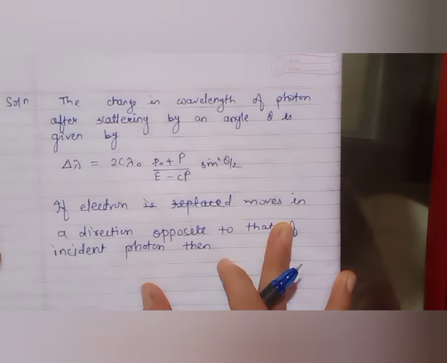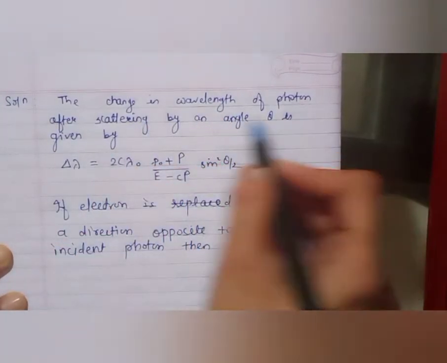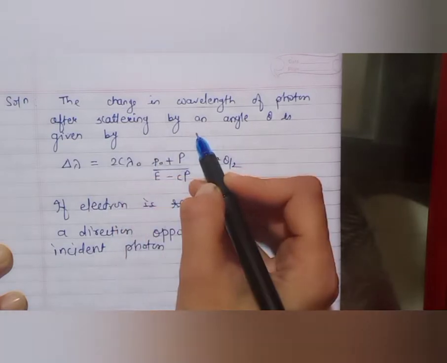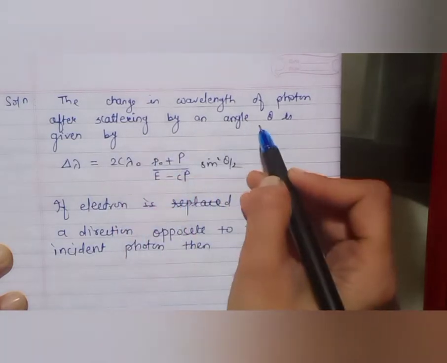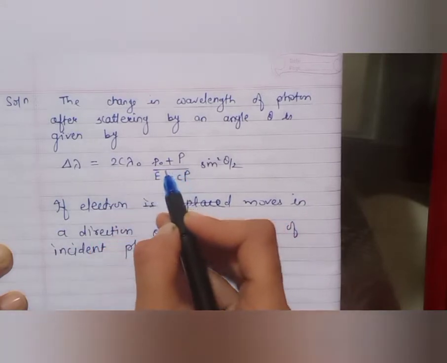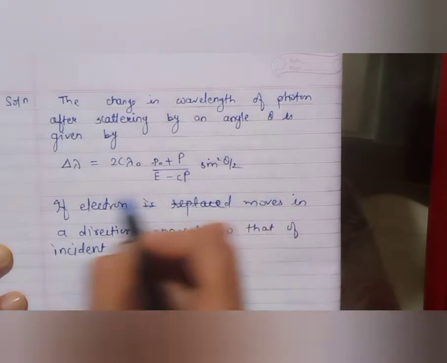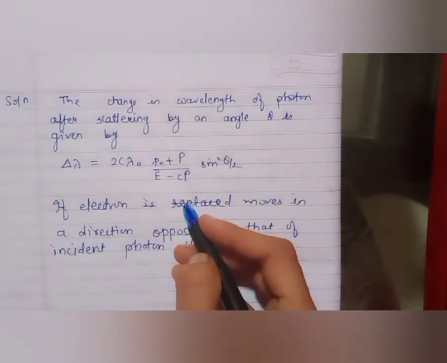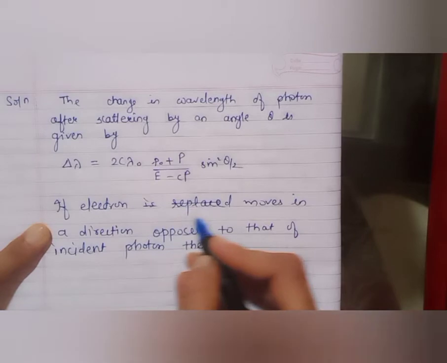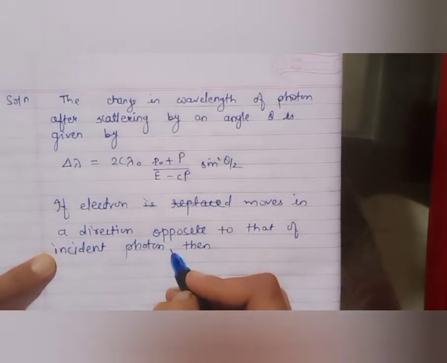Now here, what is given in the problem is the change in wavelength of photon after scattering by an angle theta. So delta lambda equals 2c lambda 0 (p0 plus p upon e minus cp) sine square theta by 2. This is given. And also it is given that the electron moves in a direction opposite to that of the incident photon.